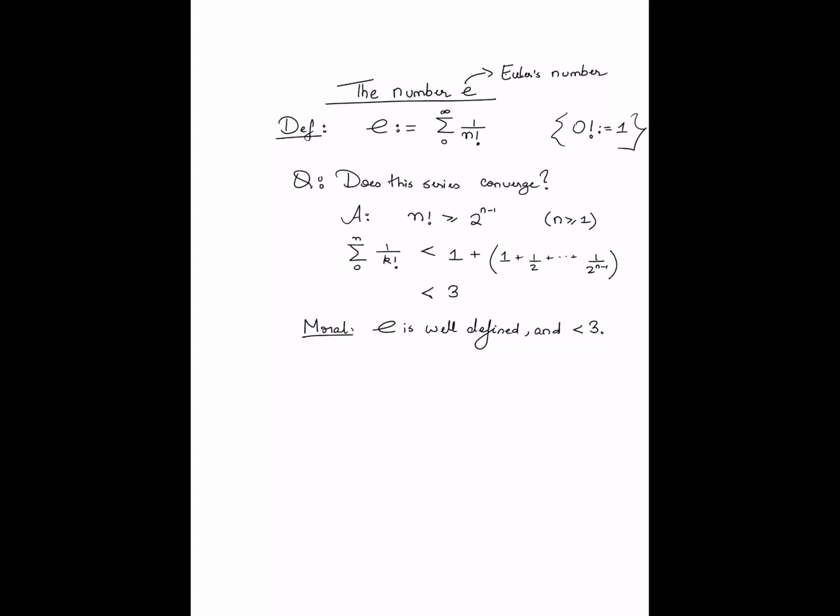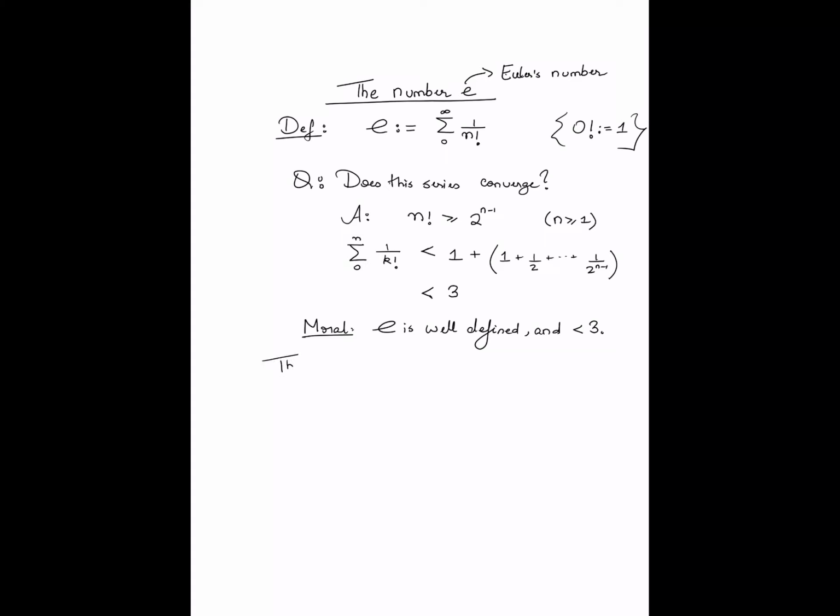To recap, e is defined as the limit of a particular convergent series, which is the summation from 0 to infinity of 1 by n factorial. This real number is what we define to be e. Now we will prove a few results about e.